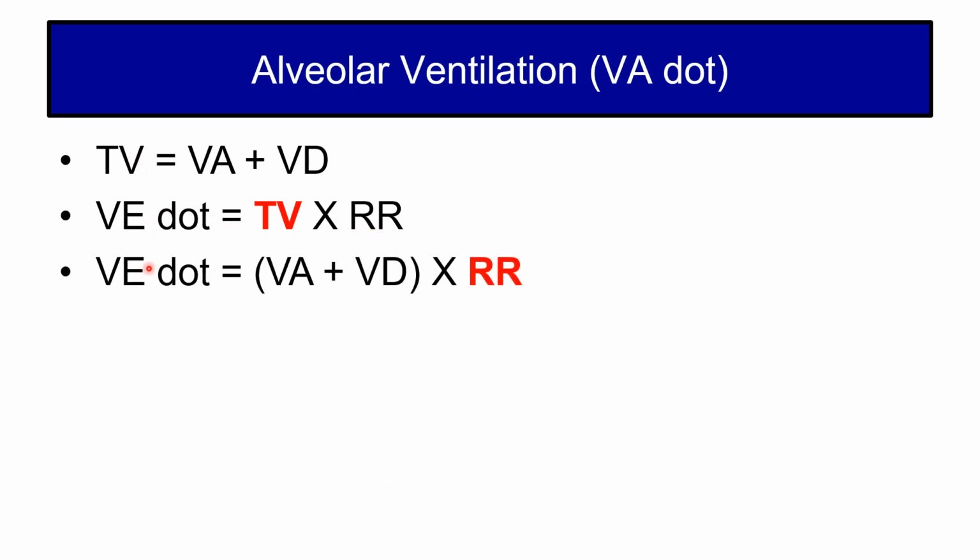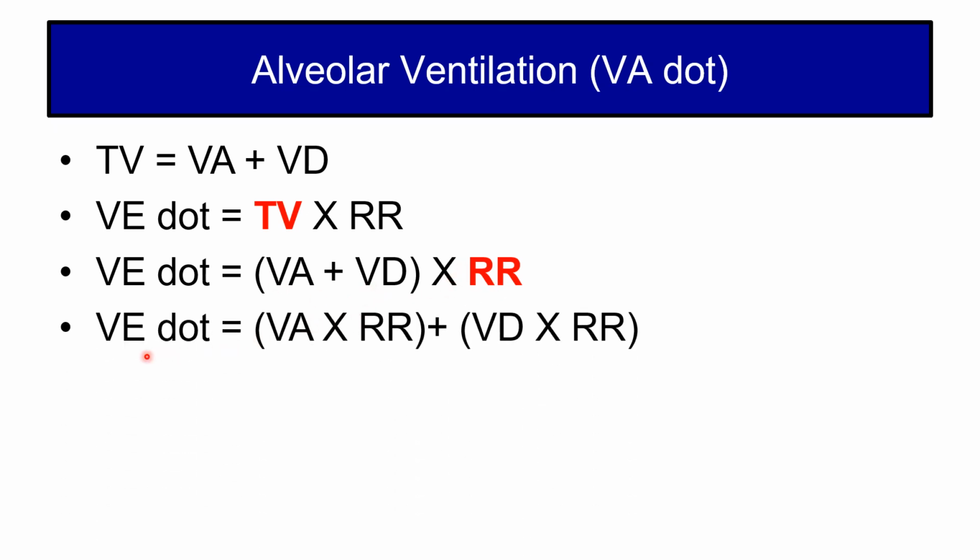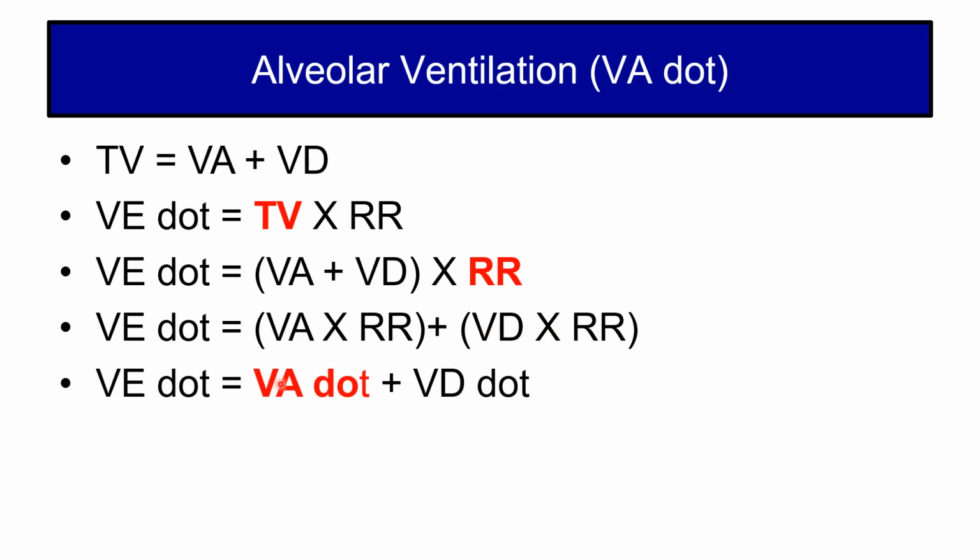So VE dot is equal to tidal volume, which is the sum of alveolar space volume plus dead space volume, times respiratory rate. We're going to multiply RR to this one, and therefore we come out with VE dot is equal to VA times RR plus VD times RR. This is known as your VA dot, this is known as your VD dot. So VE dot is equal to VA dot plus VD dot.